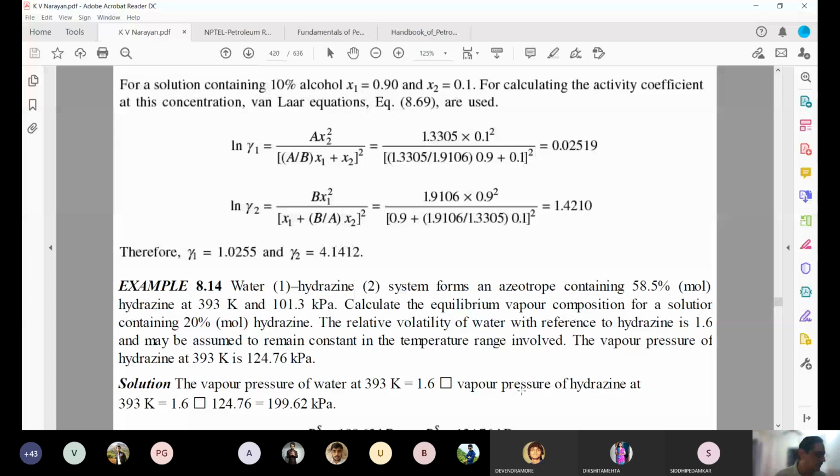For the new composition, we find gamma 1 and gamma 2, and once we have them at the new composition, we can find the vapor composition in equilibrium by Raoult's law. Is that clear?